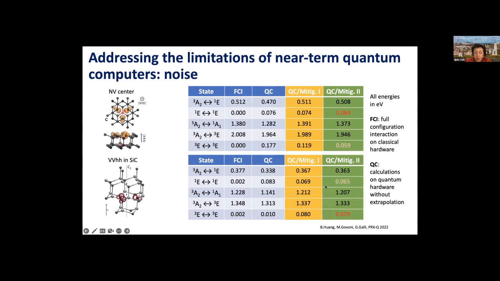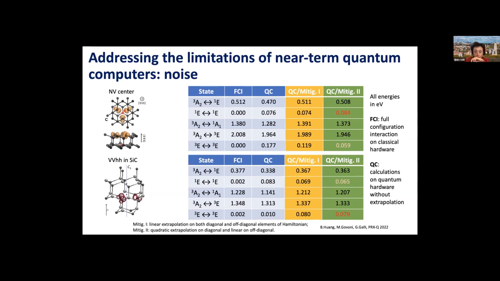And you see, we actually get quite good results. I mean, not perfect. There are some degeneracies that still are not quite reproduced, but the results are now good enough that if we did not have the classical results, and if we just used the quantum computing results, we would be able to make a good physical prediction on our system for the states that matter.